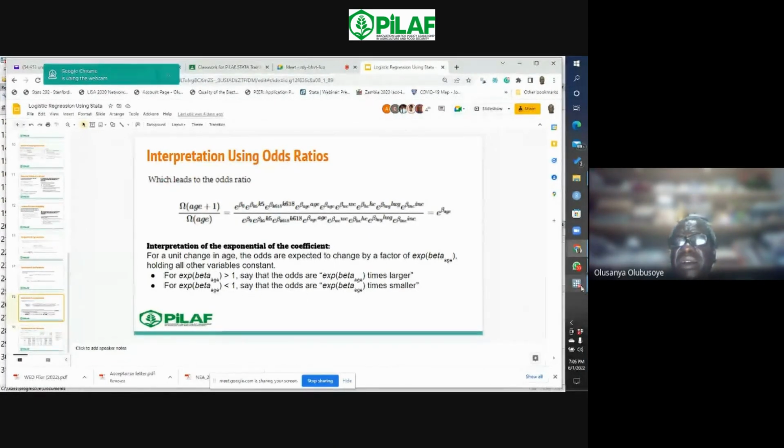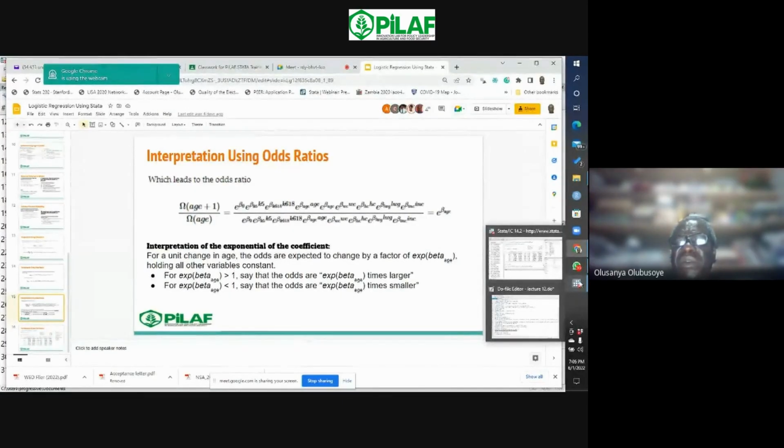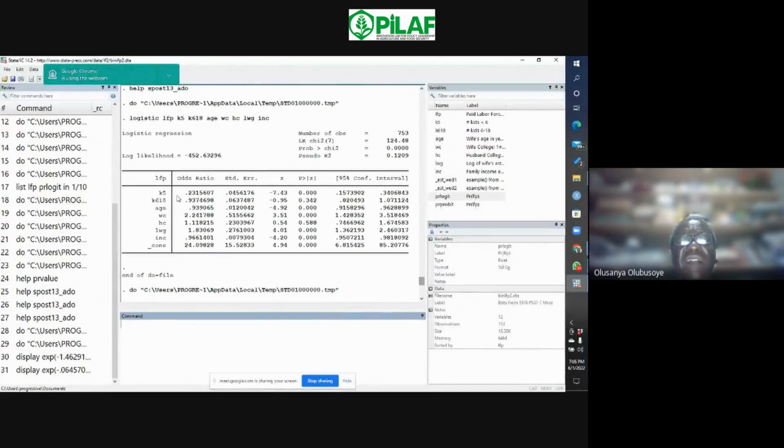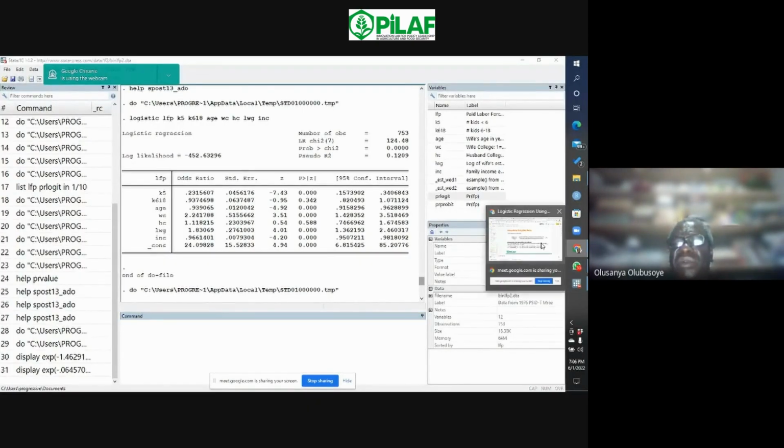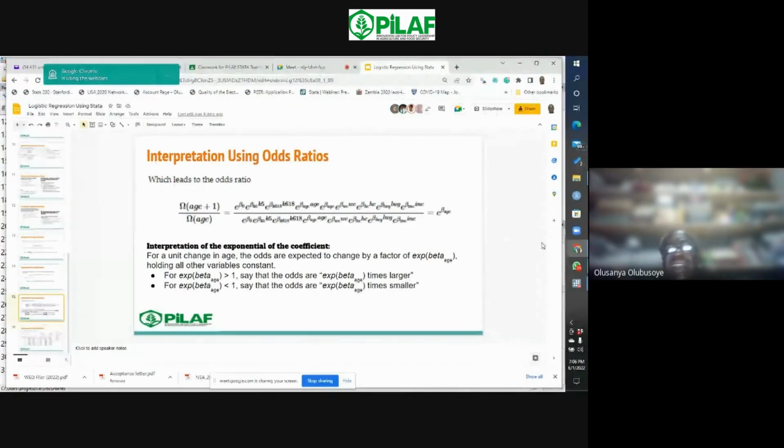So the odds is smaller for a woman with children below the age of 5. Below the age of 5, the odds is 0.23 times smaller for the woman to participate in labor force. So that's how you do that.